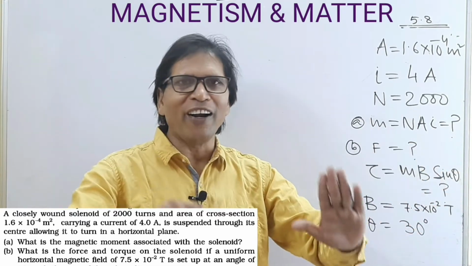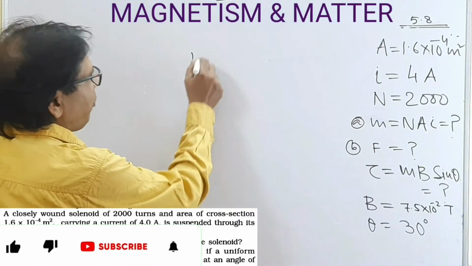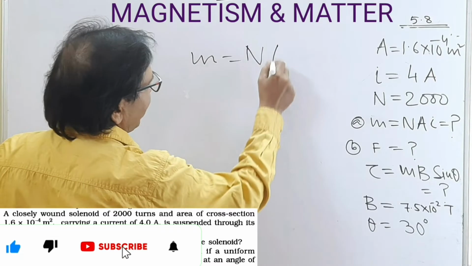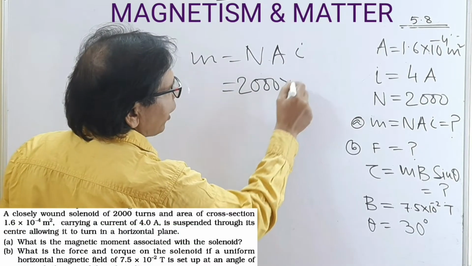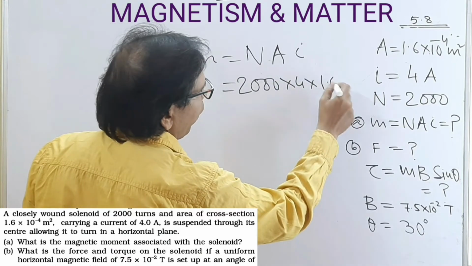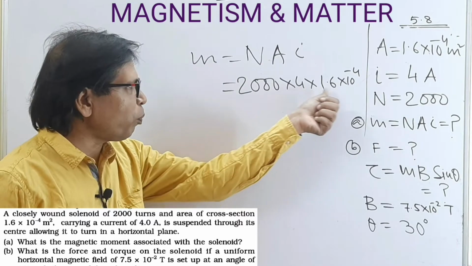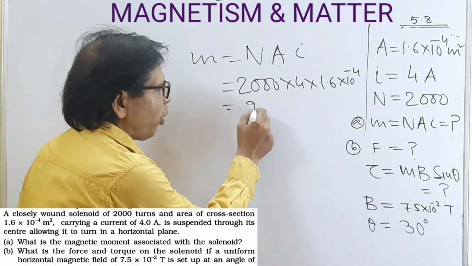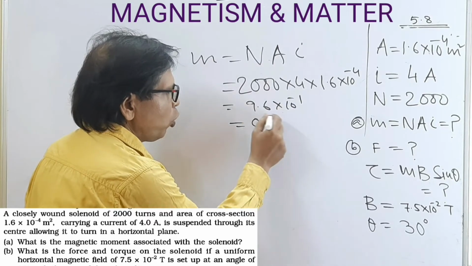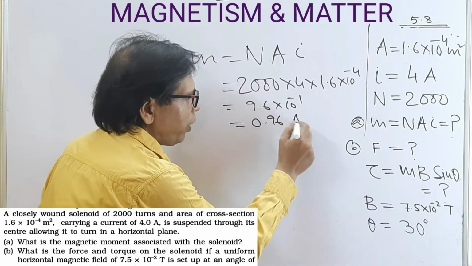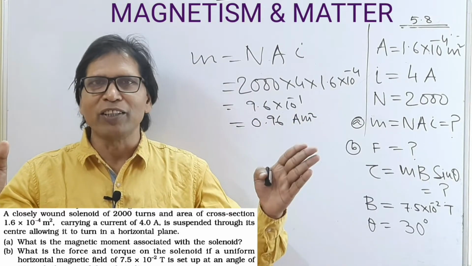So first of all, the magnetic moment M. Look at this, M equal to NAI. Look at this, N is 2000, I equal to 4 and A equal to 1.6 into 10 to the power minus 4. Okay, this is 4.8. So this is 9.6 into 10 to the power minus 1. So this is 0.96 ampere meter square, the magnetic moment of the solenoid.